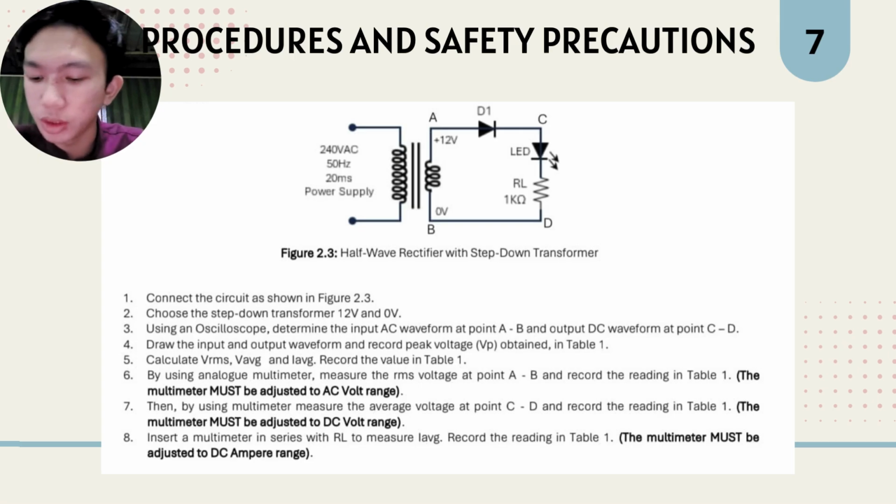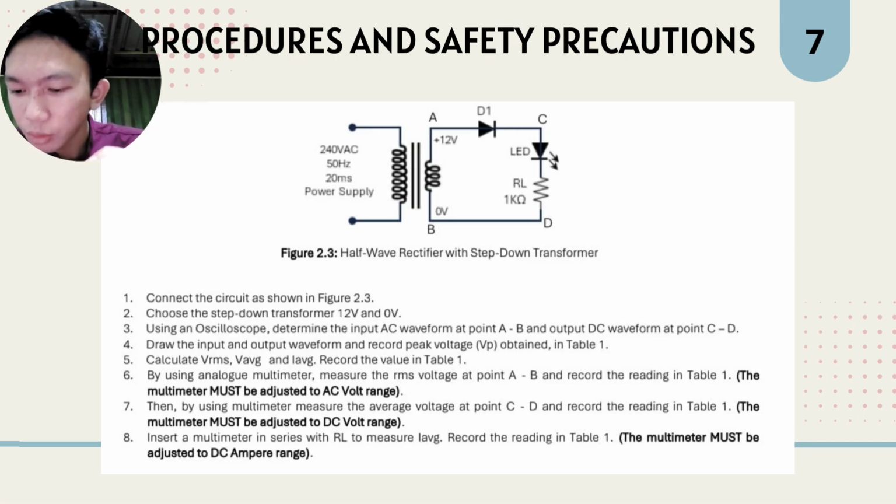Next step, we need to find V out, which is VP minus the silicon diode voltage.